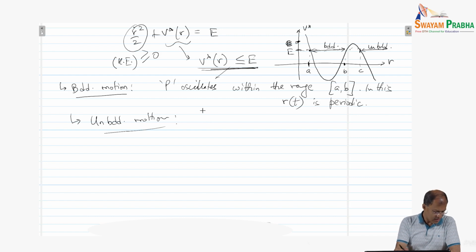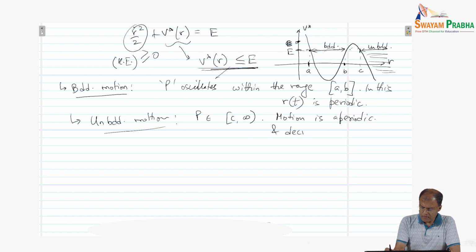R is in the range between C to infinity, that is in this range, and the motion is aperiodic here. The motion is aperiodic and decreases until a minimum value at R equal to C is achieved.